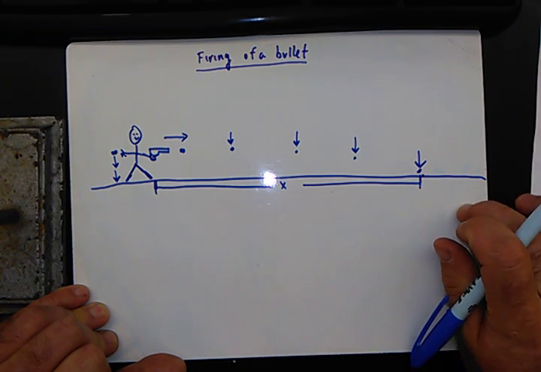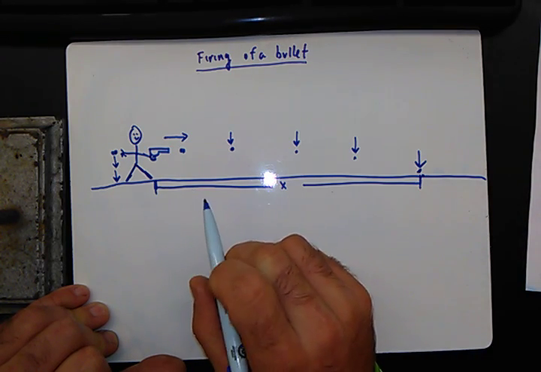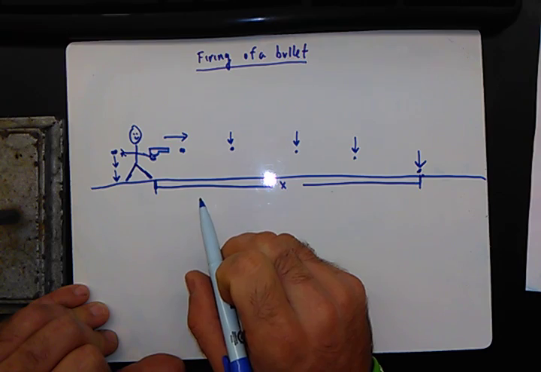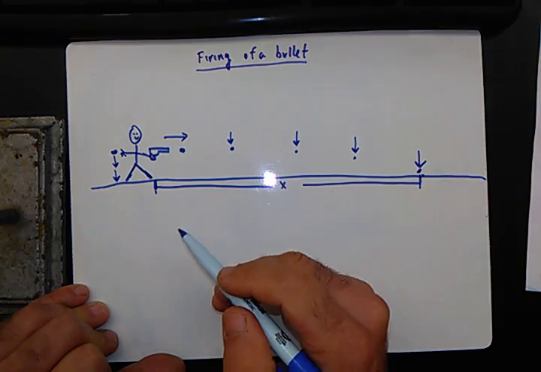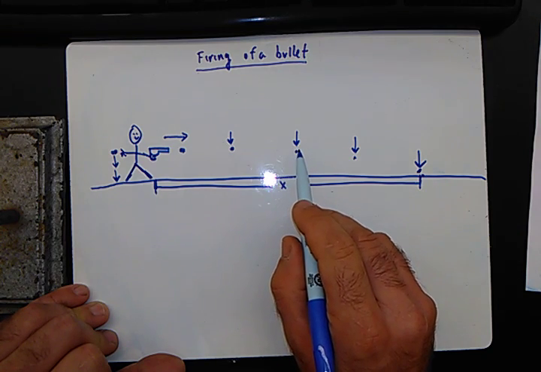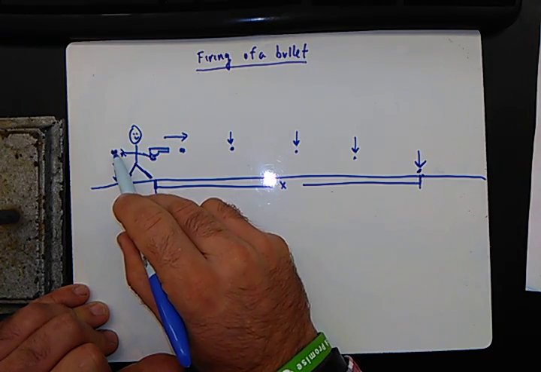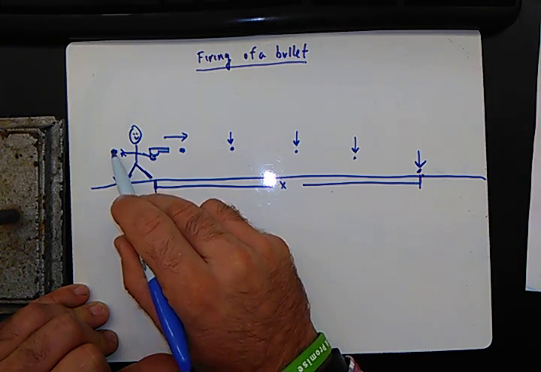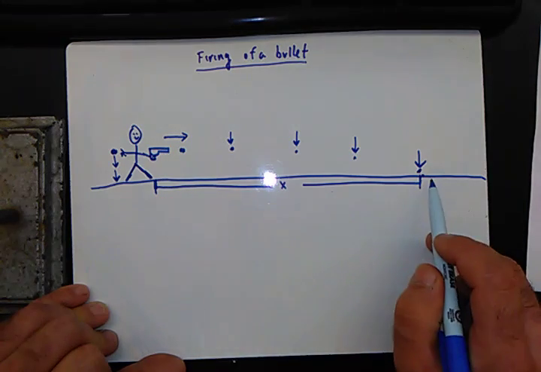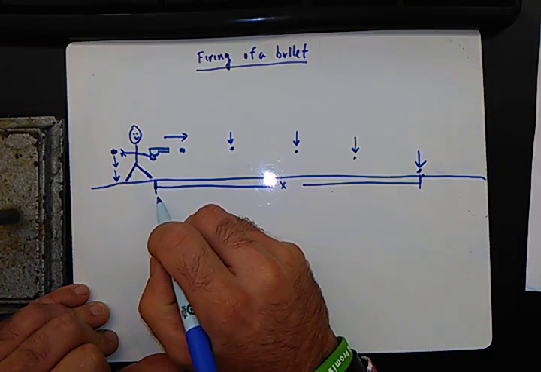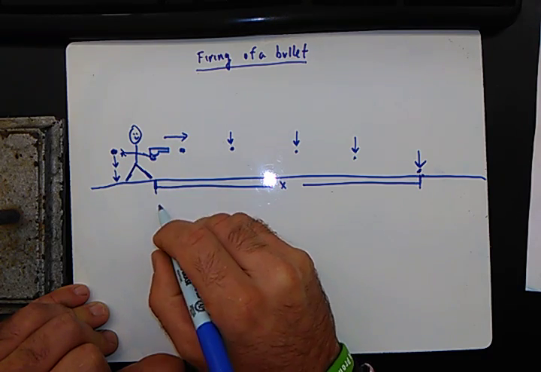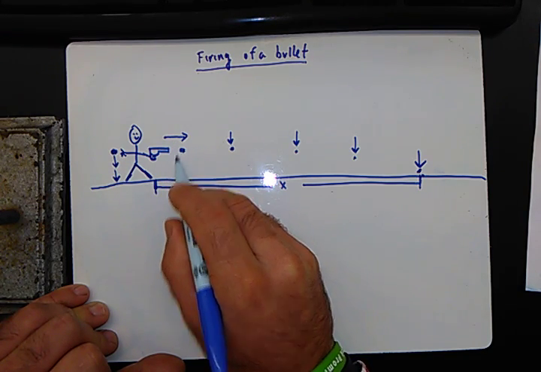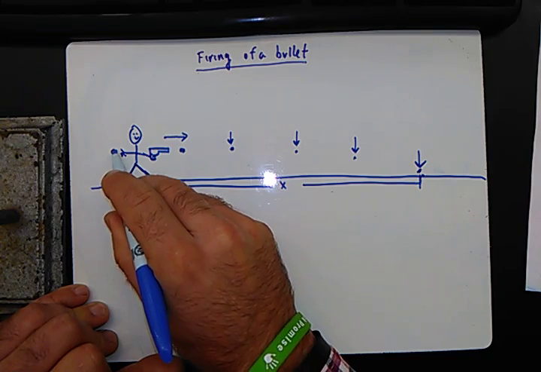But now, after having taken some physics courses in college and such, I do realize that everything falls at the same rate, no matter what its x velocity is. Just because this doesn't have an x velocity doesn't mean it's not going to fall at the same rate as this one. That's a pretty cool concept, because I can find out how long it takes for this bullet to hit the ground just by looking at how long this one would take.